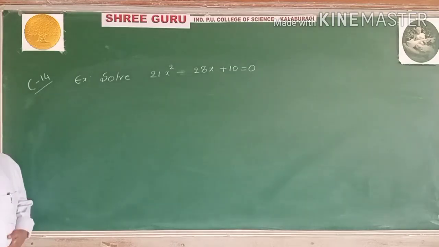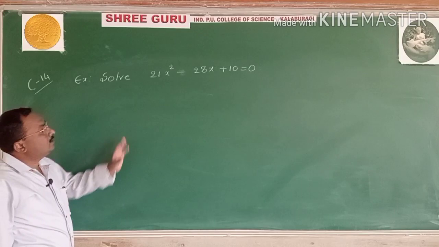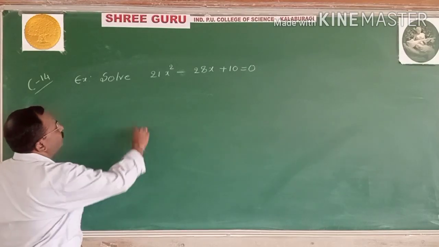That is, 21x square minus 28x plus 10 is equal to 0. This is a quadratic equation. Solve.